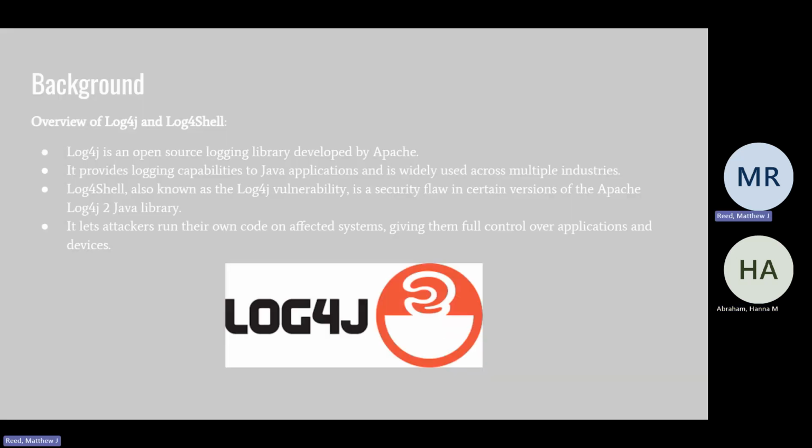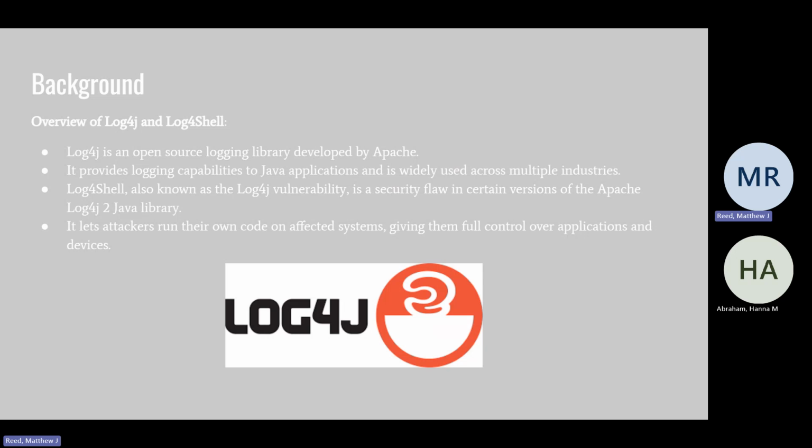All right, so just for an overview of Log4j itself and the vulnerability Log4Shell. Log4j is an open source library developed by Apache. It's used for logging in Java applications, and it is widely used across multiple industries, mainly for its ease of use and simplicity.